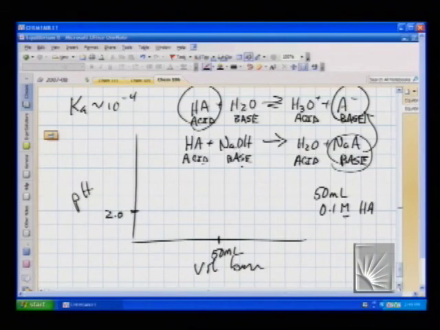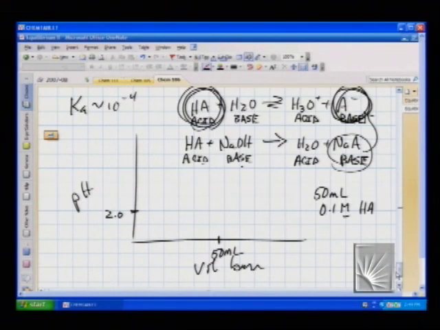approximately. At the equivalence point, when I've neutralized all of this weak acid, I used it all up. What did I make in the process? A minus. A minus is a base. What is the pH when I've neutralized all of that weak acid? Is it pH 7, greater than 7, or less than 7? You made a base.